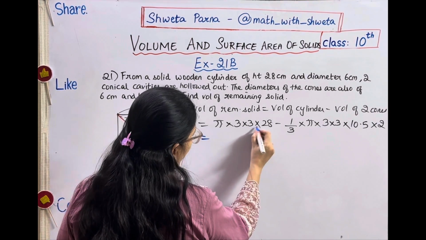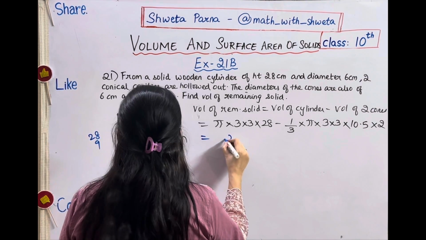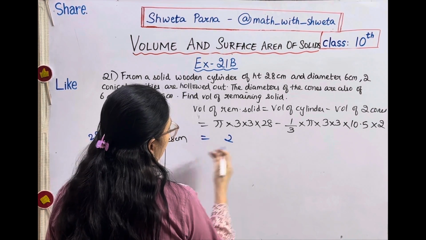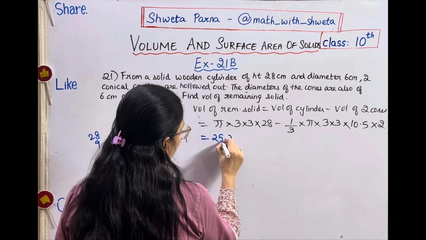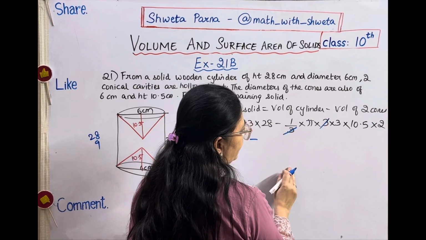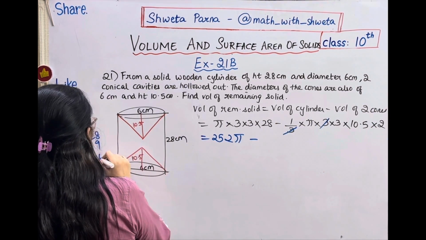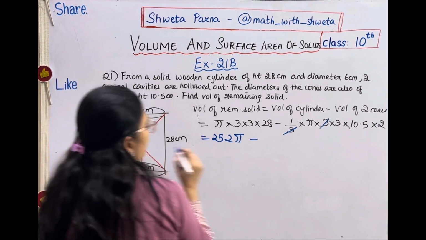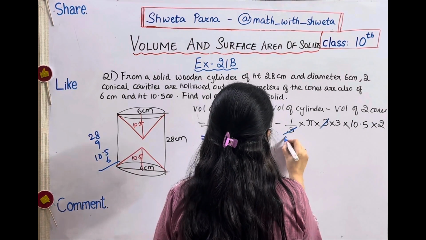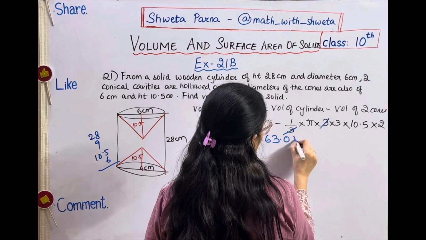So 3 3s are 9, 28 into 9 is 252 pi, minus this 3 gets cancelled. So 3 2s are 6, so 10.5 into 6 is 63 pi.